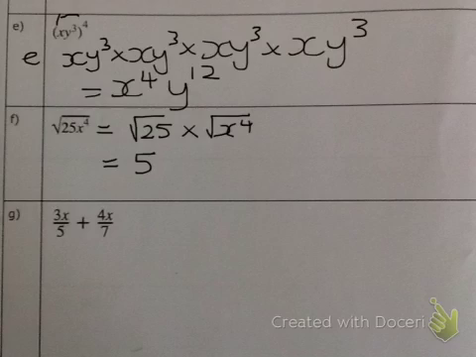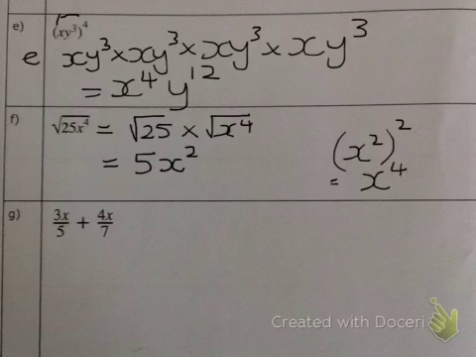Now, the thing that was times by itself to give you x to the power of 4 is x to the power of 2. Because if I go x to the power of 2 and I square it, I'm going to get x to the power of 4. So working backwards, if I take x to the power of 4 and I square root it, I'm going to end up with x squared.